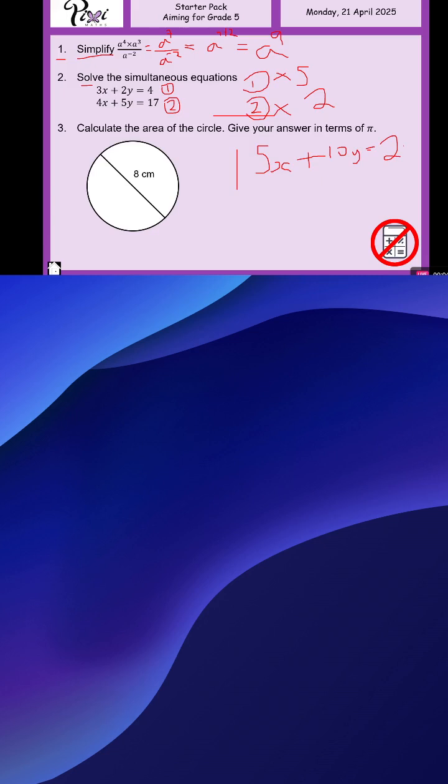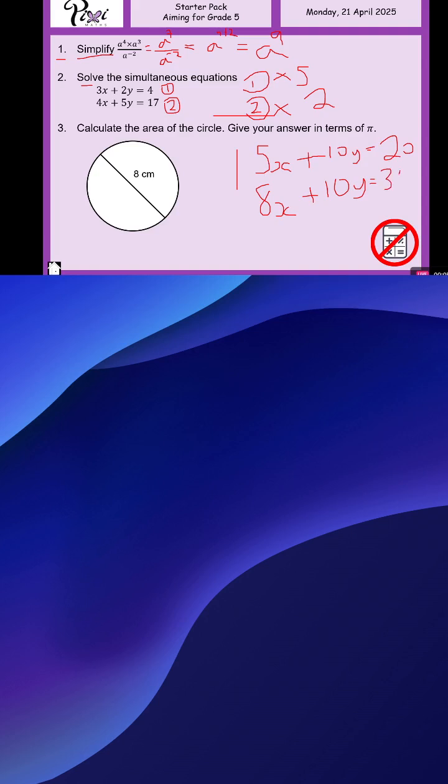And then for equation 2, 4x times 2 makes 8x, 5y times 2 makes 10y, then 17 times 2 will be 34.